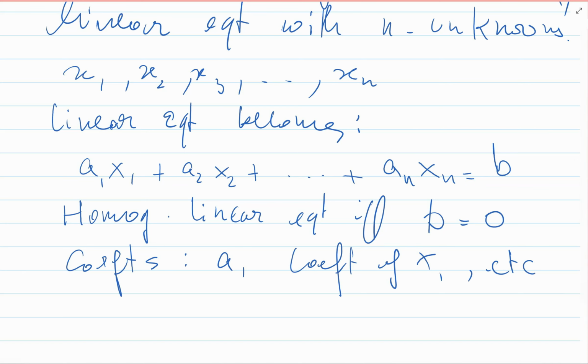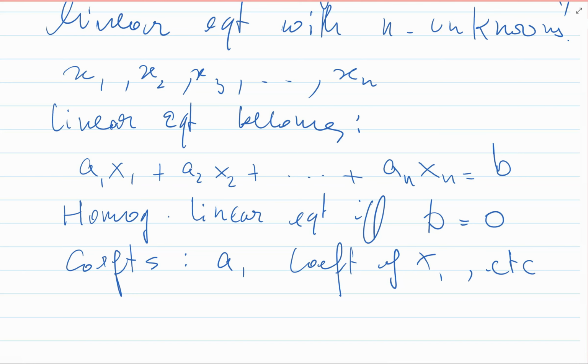Be very careful: when you have a minus, it goes inside the coefficients a1, a2, an. Students usually tend to forget about that. Also, b is called the non-homogeneous term. These are just a few terminologies.